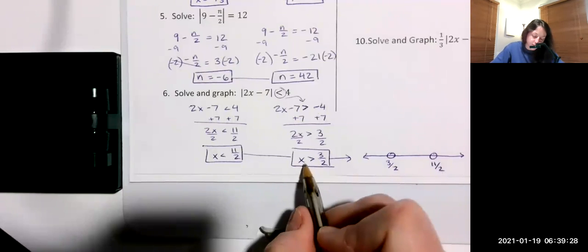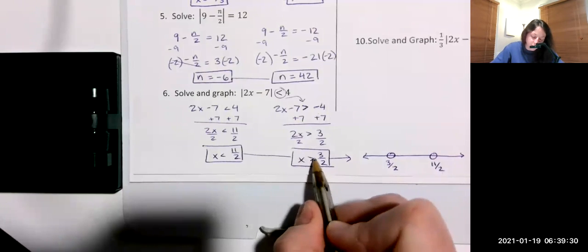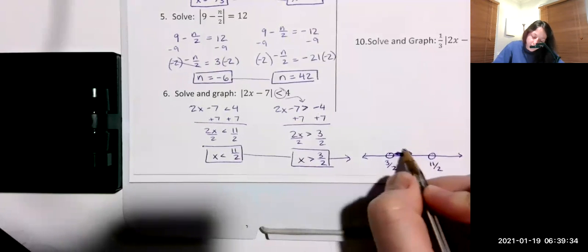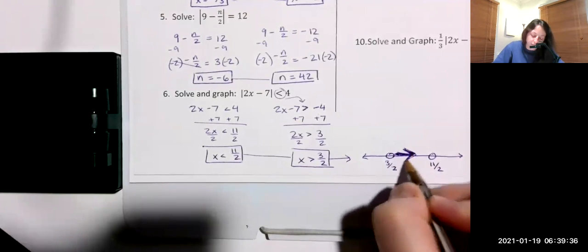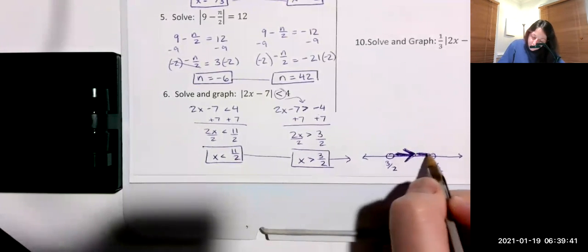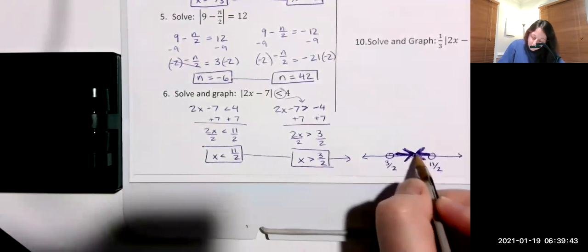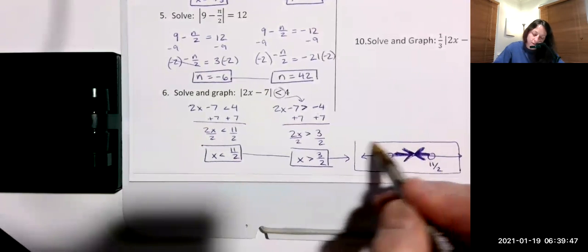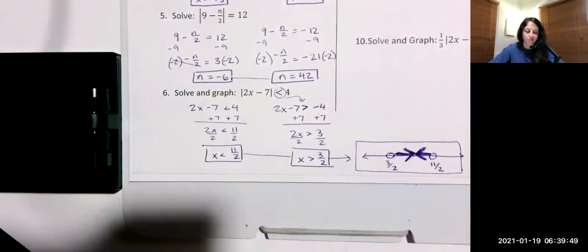Now let's look at how these arrows are pointing. This says x is greater than, so greater than means it's going to the right of 3 over 2, versus x is less than. So here's 11 over 2, less than 11 over 2. And there's my graph answer.